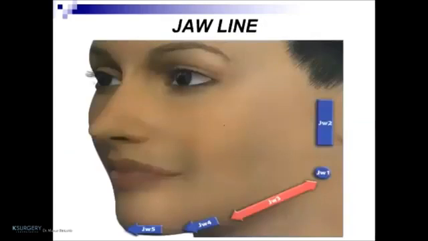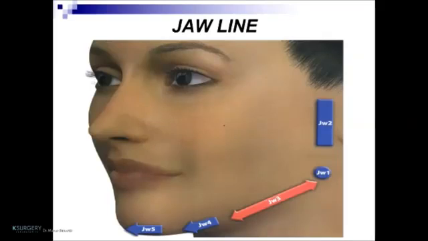So, jawline. For restoring the jawline, usually we have to perform the treatment using 5 access points, 5 areas of injection. The first is the mandibular angle. The second is the area above the mandibular angle.